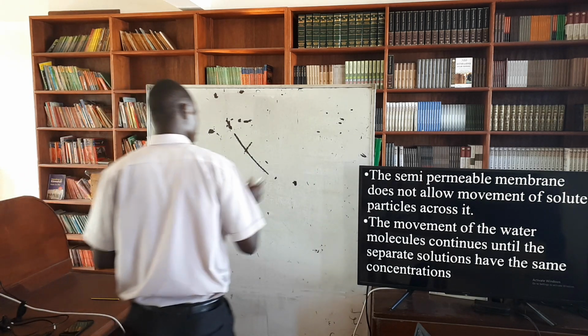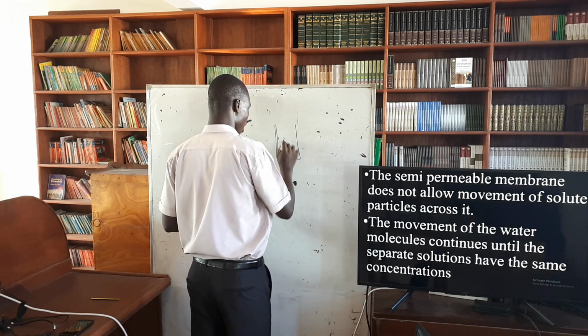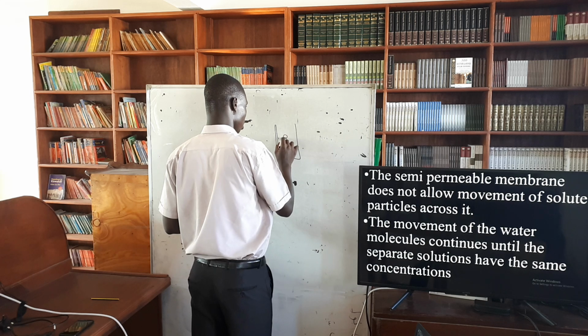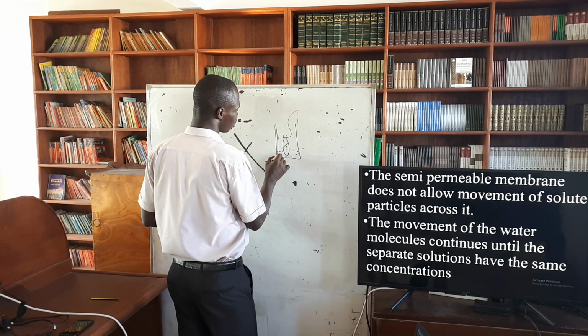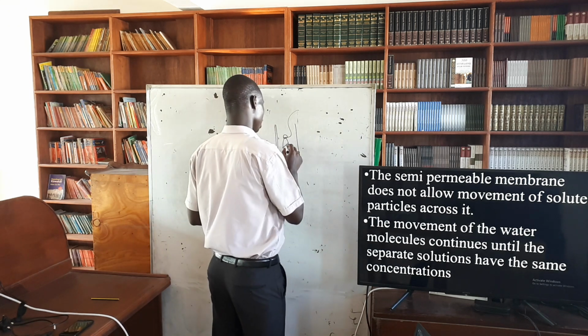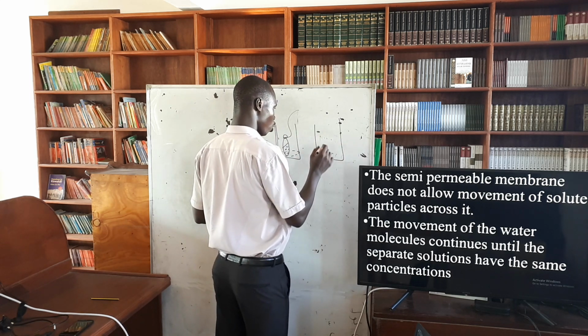Now let me show you something here. The idea is the whisking tubing context. At the beginning, it looks like this. Then, at the end of the experiment, we're going to have something like this.